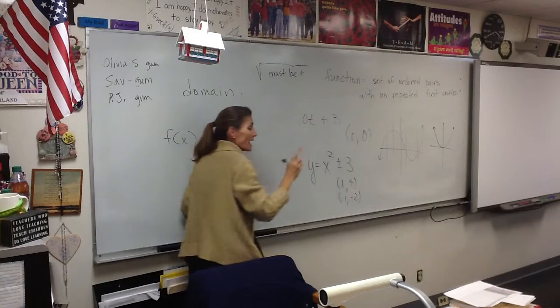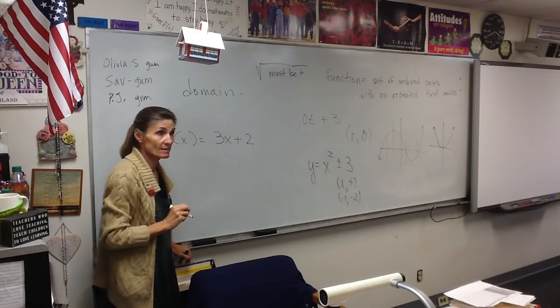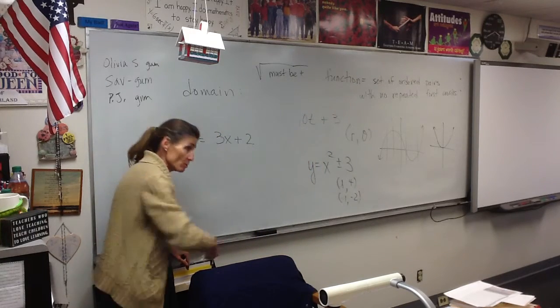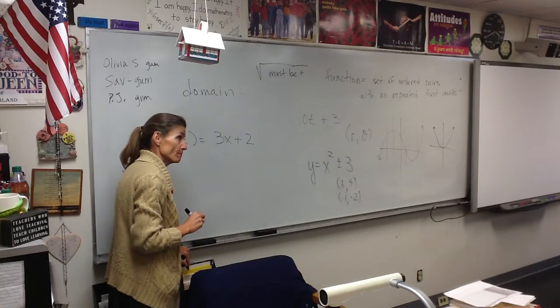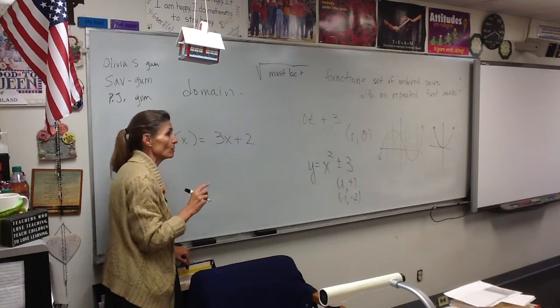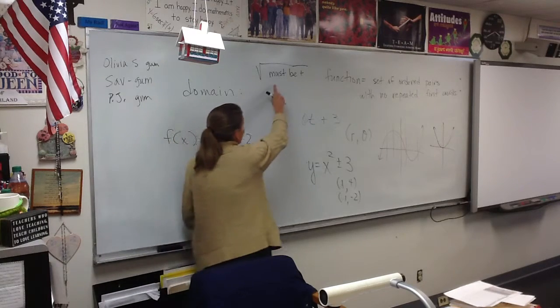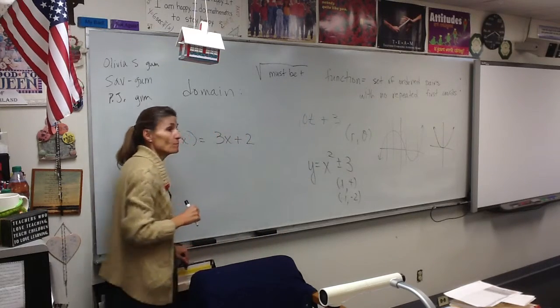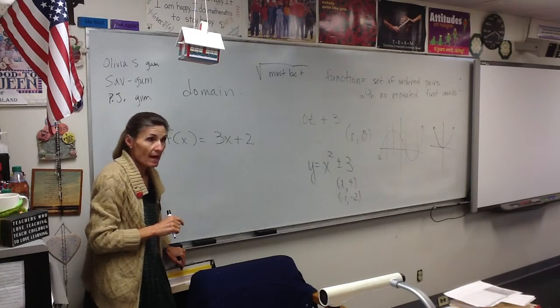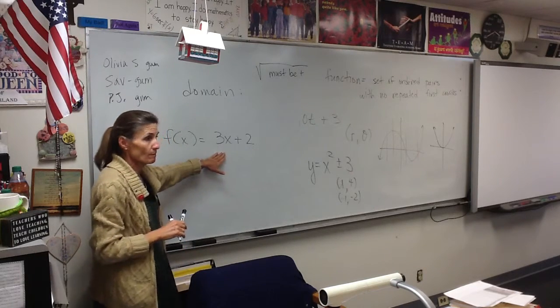Because you know what happens if it's not positive, right? We go into imaginary numbers and we don't want to go there. We can, we don't want to. We want to keep it real. So to keep it real, if you have a radical in your problem, whatever is under it has to be positive.